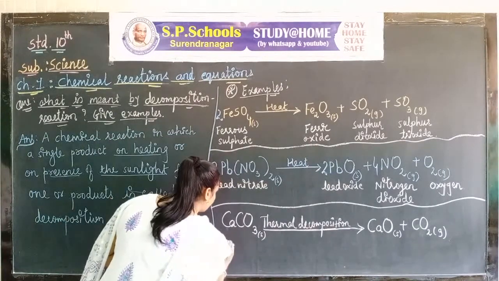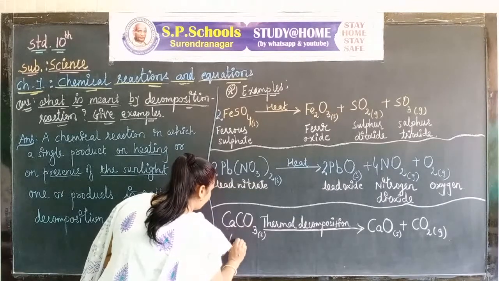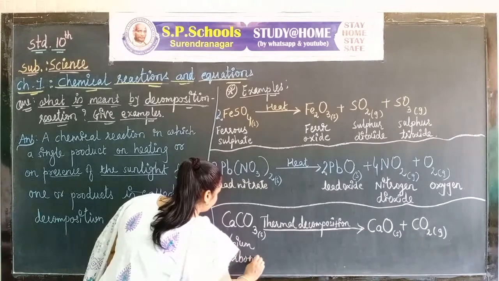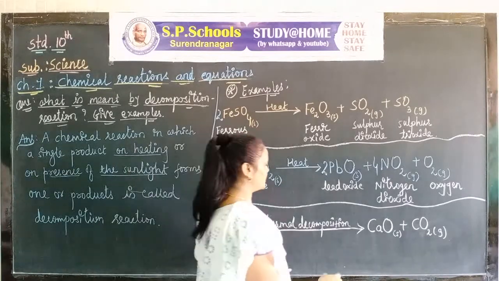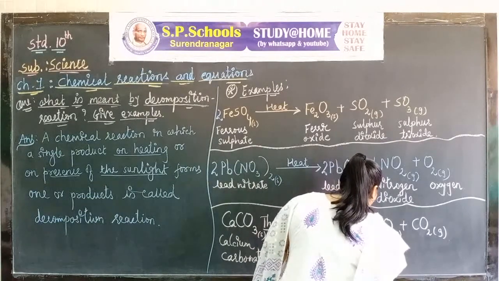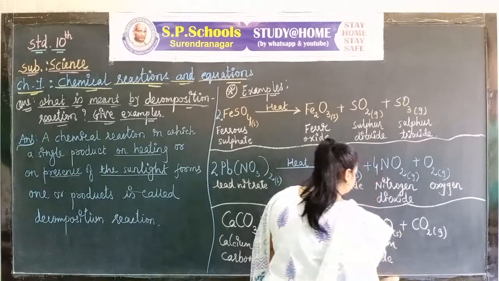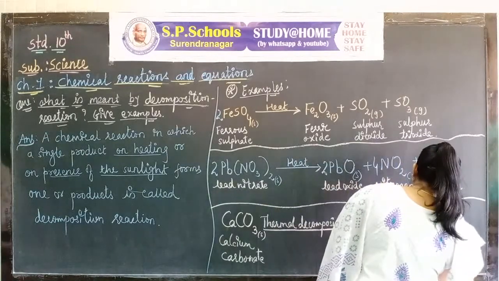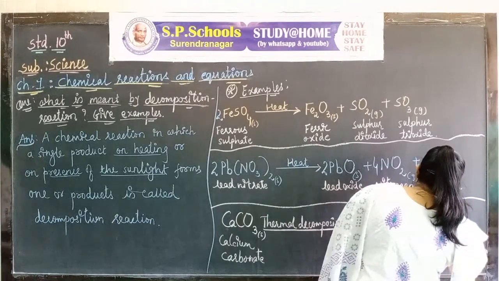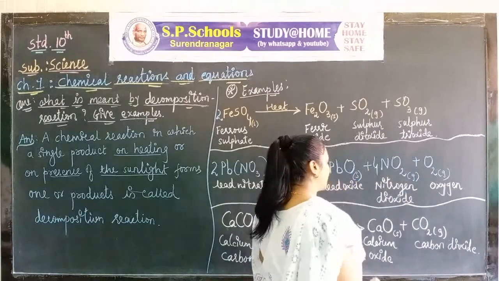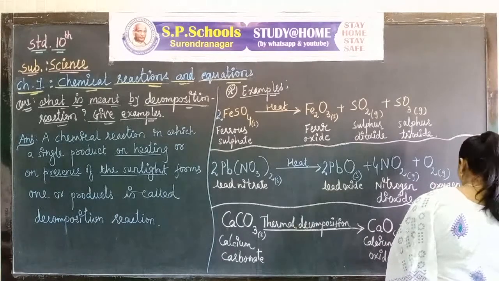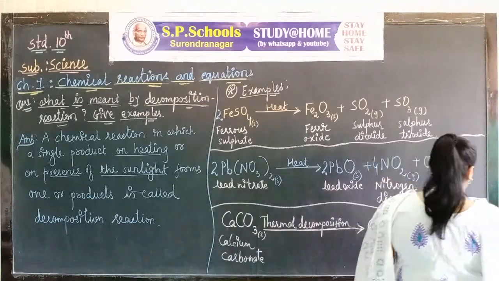This one is calcium carbonate, this is calcium oxide, and this is carbon dioxide. This reaction is used in the manufacture of cement.